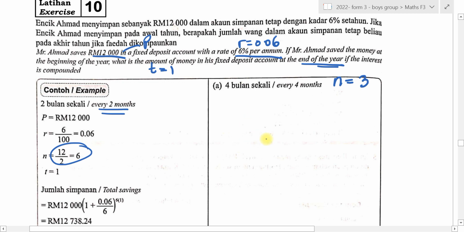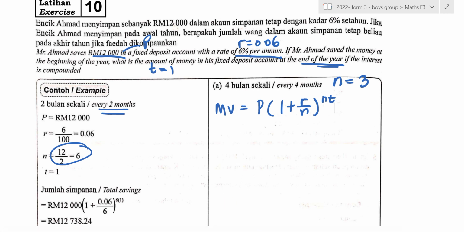Total amount, MV. So MV is equal to P, 1 plus R over N, to the power N times T. That's the formula. Now Ishwar going to tell me the answer.